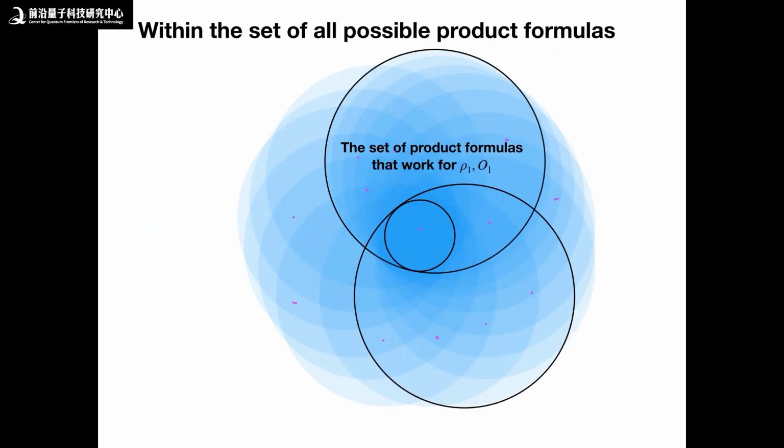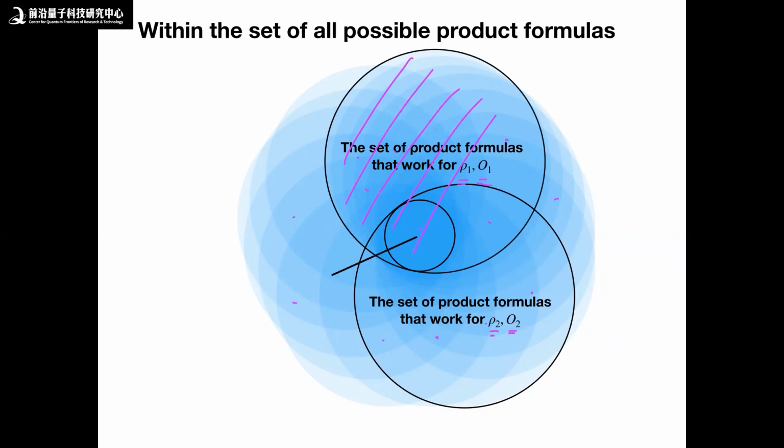And there are going to be some set of product formulas that work for some particular row and O. It's going to have some area, and then you have some success probability. And you can choose other sets, of course, for other rows and O's, and there are a lot of them, because you can choose all kinds of rows and all kinds of O's.